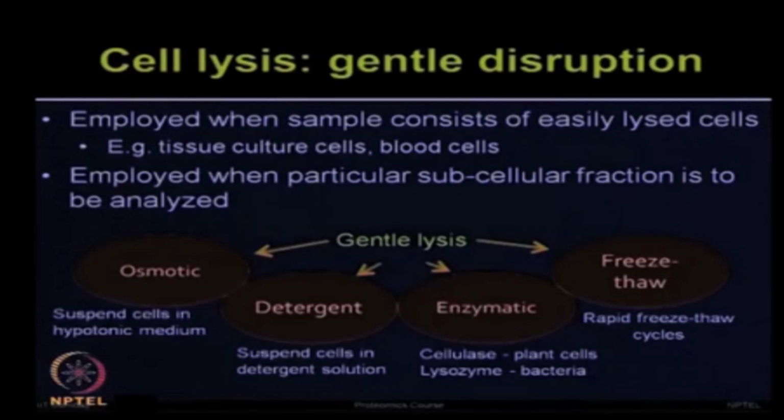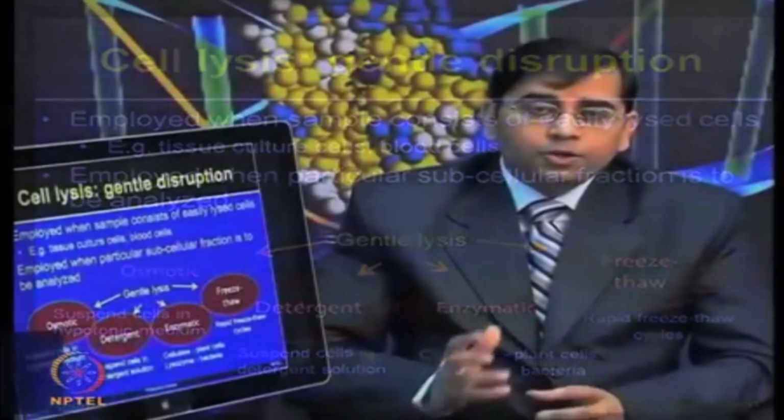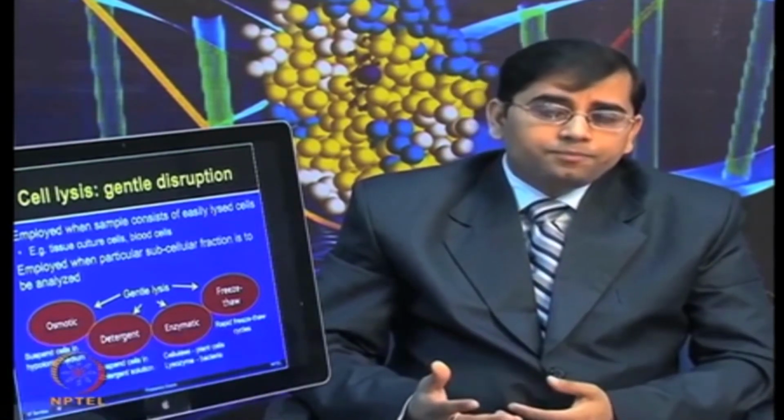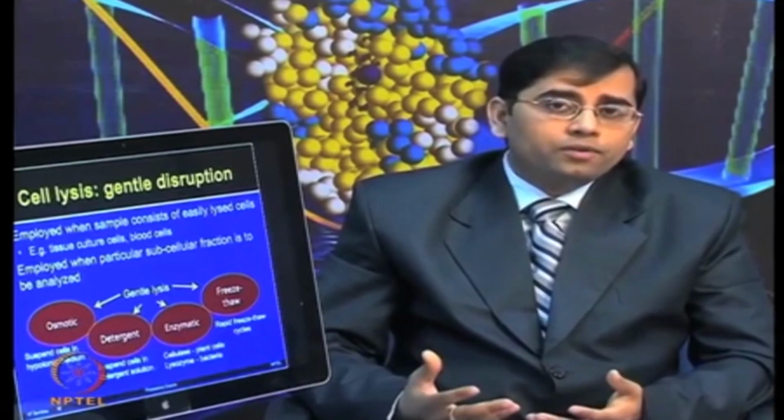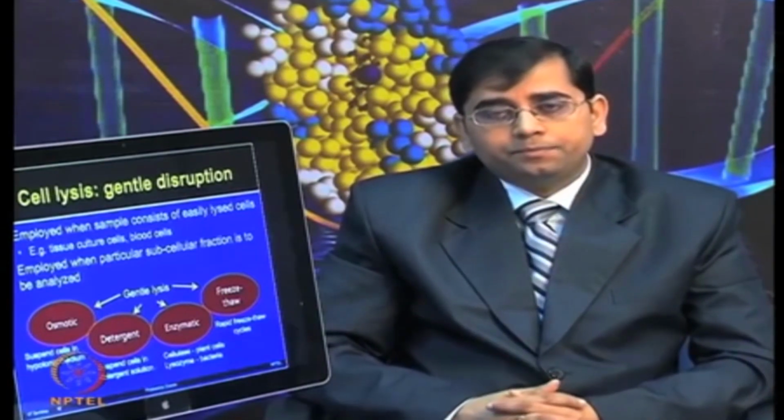When you are employing a gentle disruption method, you need to think that you have to break open all the cellular components. So, your gentle disruption should be efficient enough to disrupt the cell. If you are looking at those cell types which can be easily lysed, such as blood cells or culture cells, then you can use gentle disruption methods.